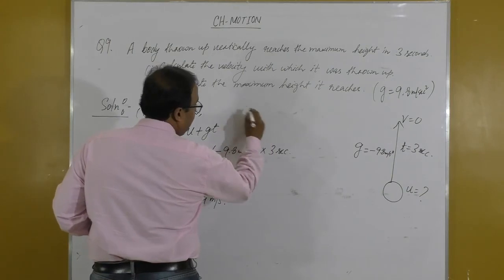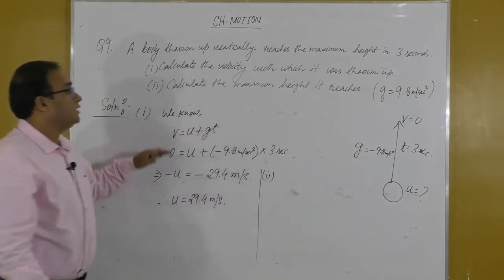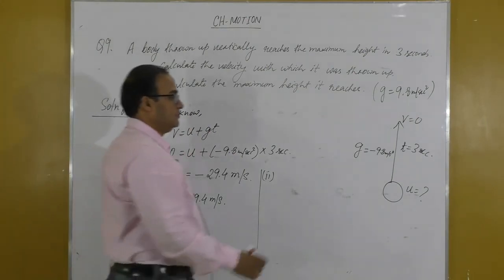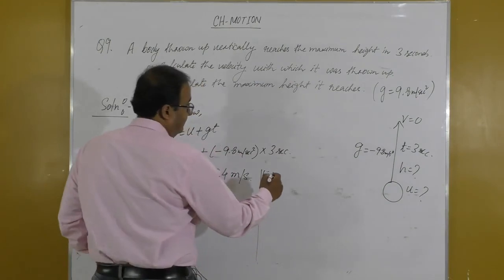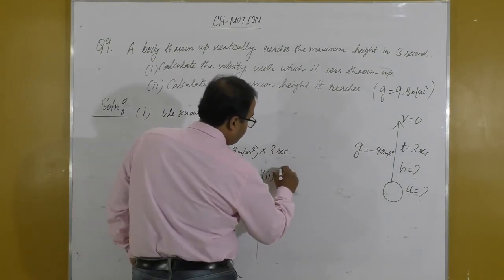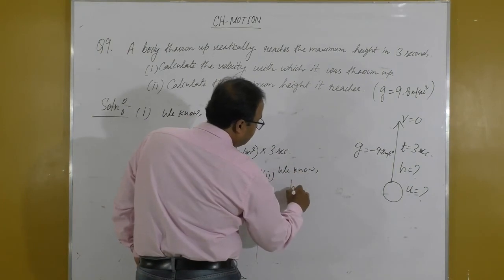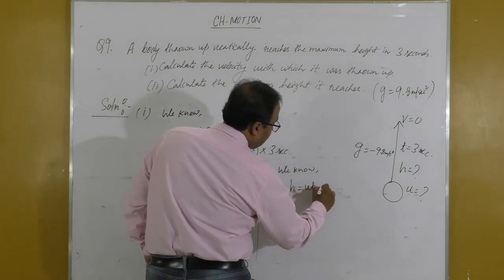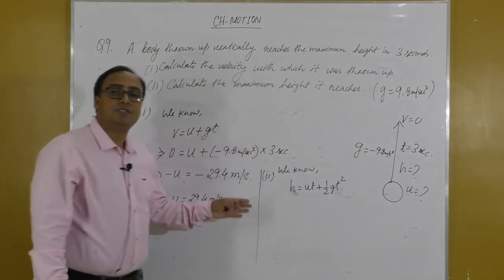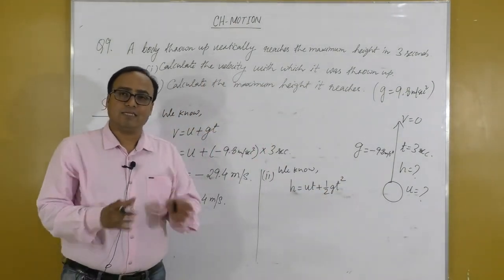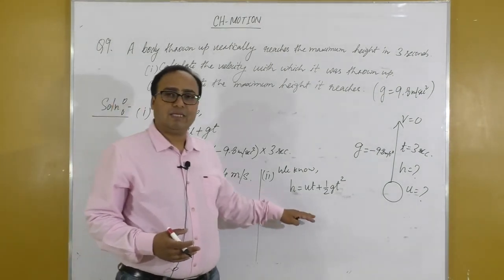Now in the second part, what is asked? The maximum height it reaches, h, you will have to calculate. We know the equation h equals ut plus half gt square. You will have to decide which equation to use when. If you do the practice, you can easily know which equation to use in which situation.